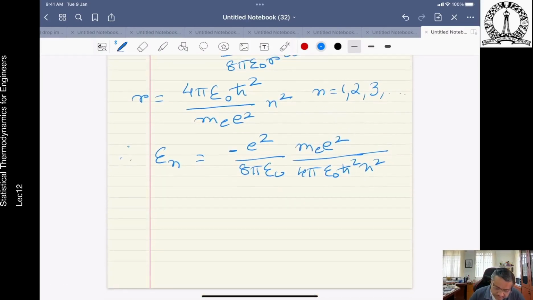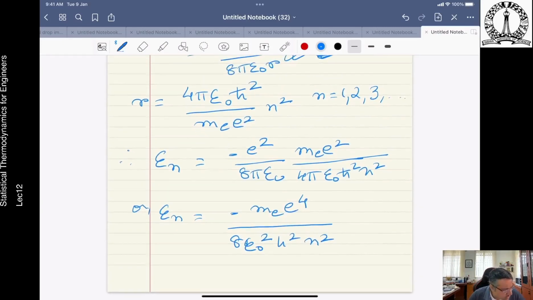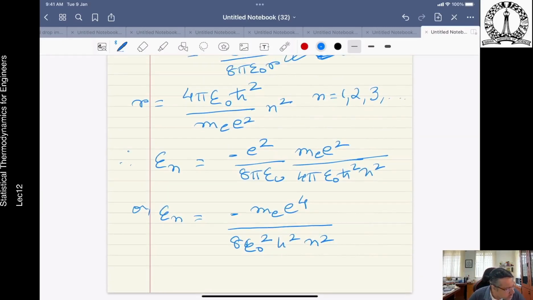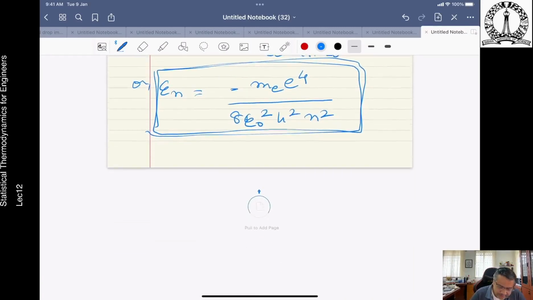Or in other words, E_n is given as minus m_e e to the power of 4 divided by 8 epsilon naught square h square n square. Okay, all right. So this is the energy at any particular energy level, and it is given by this particular expression that we have over here.